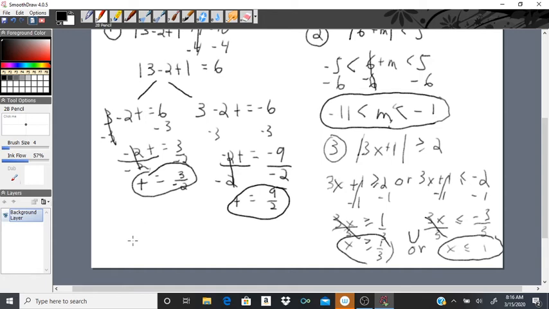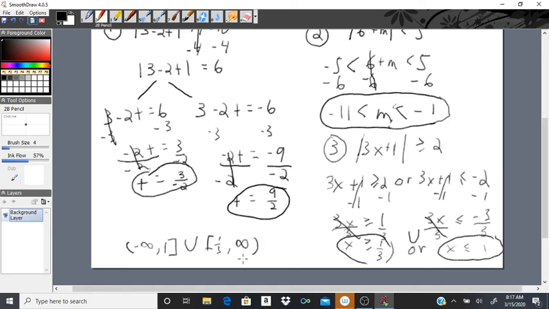So that means x can be from negative infinity until 1. You put a bracket there because 1 is included. Or x could be from 1/3, including 1/3, so there's a bracket, and all the way to infinity, because everything greater than 1/3 is fair game.